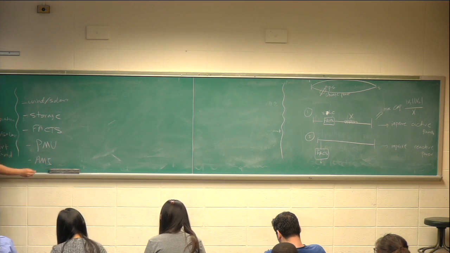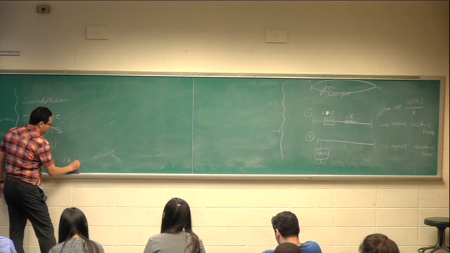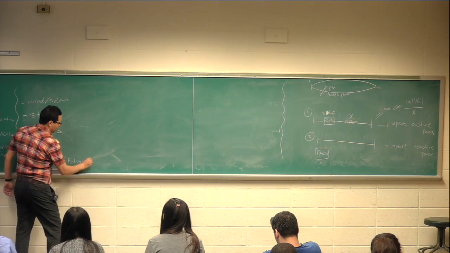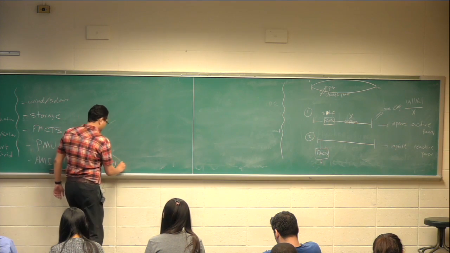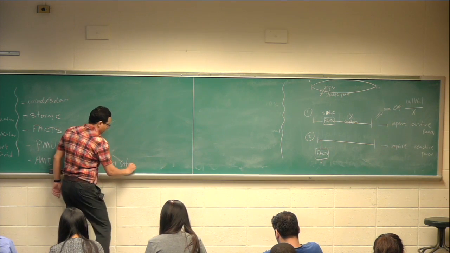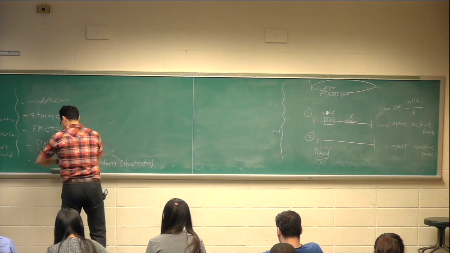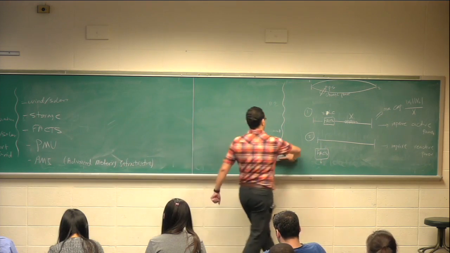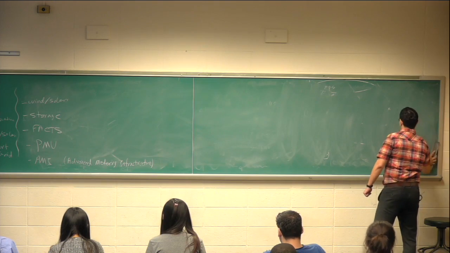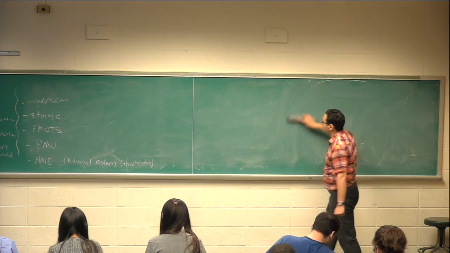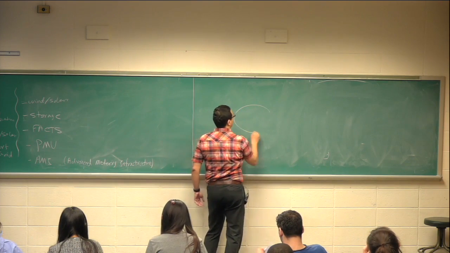So what is AMI? AMI is Advanced Metering Infrastructure. So what is AMI? So this is your utility company.